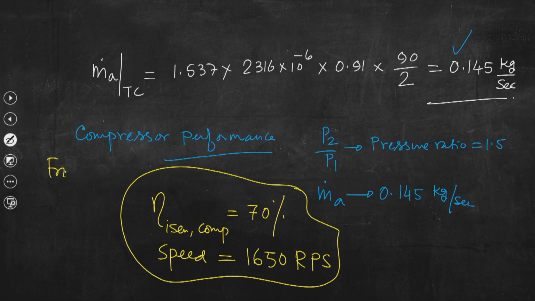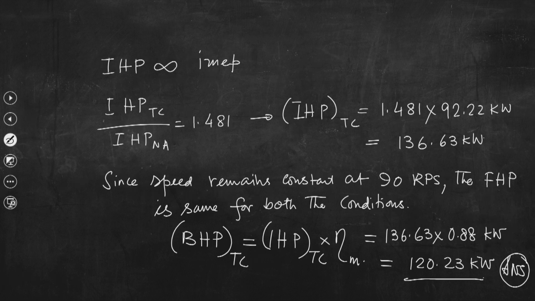So, I am writing here from the performance map. Let me repeat once again: from the iso-efficiency lines of the performance map you get the isentropic efficiency of the compressor as 70%, and the speed at which the compressor will run as 1650 rps.